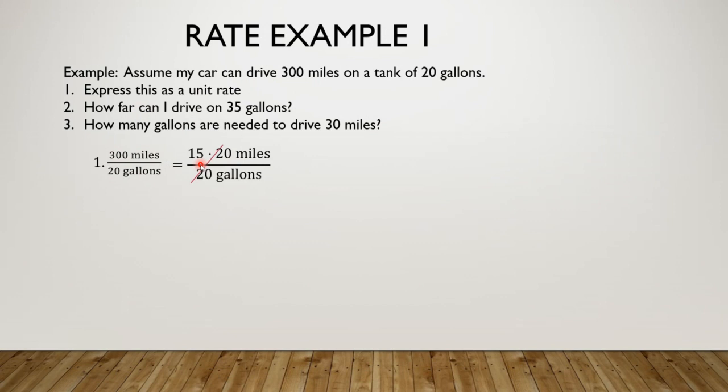The 20s are gone now. And so we're left with 15 miles over 1 gallon. I didn't write the 1 there, but it's understood to be per gallon. But now we have a unit rate.